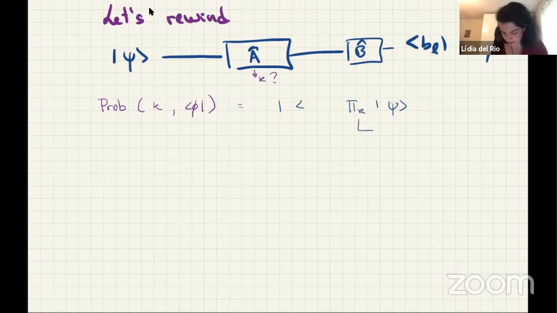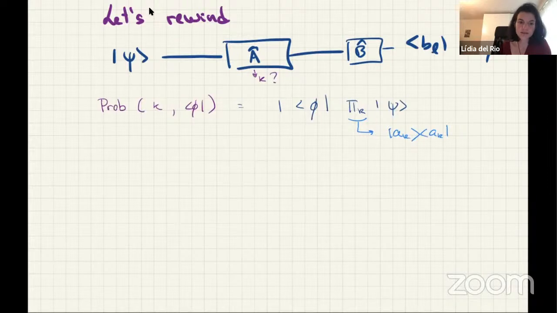where you projected into the outcome K that you wanted. So this could be, for example, your AK, and then we made this measurement and we post-selected on this outcome here, right? That's exactly the same.